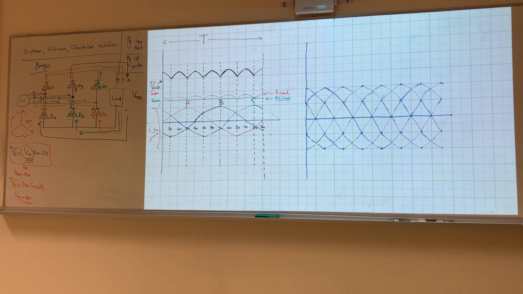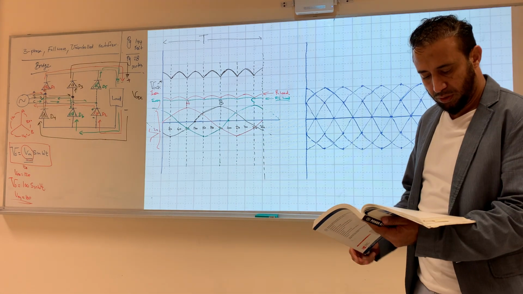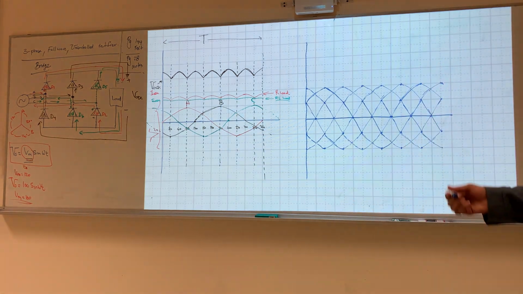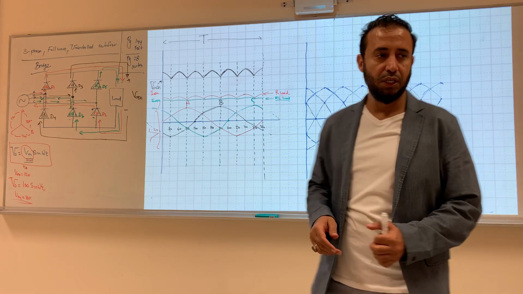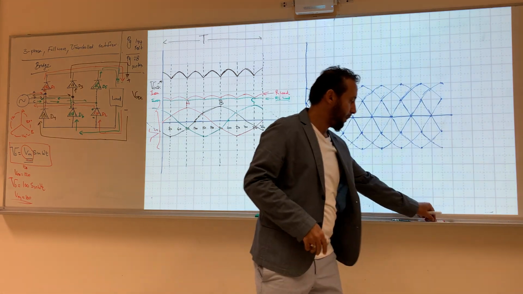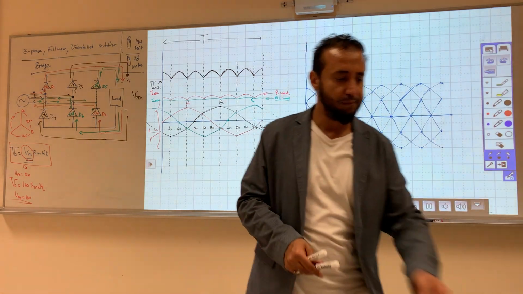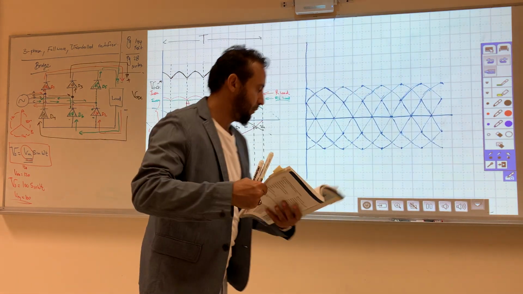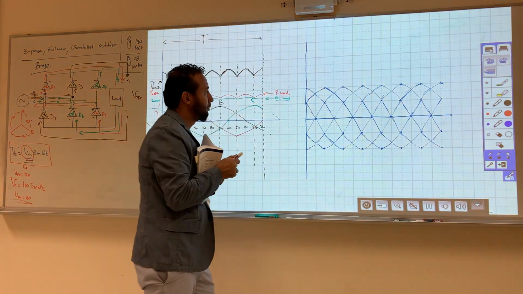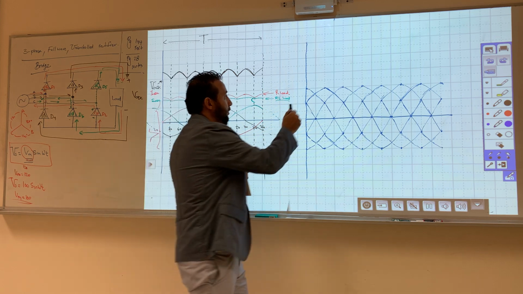Look at this. So this is A, B, A, C. So the first one is A, B. This is AB right here.